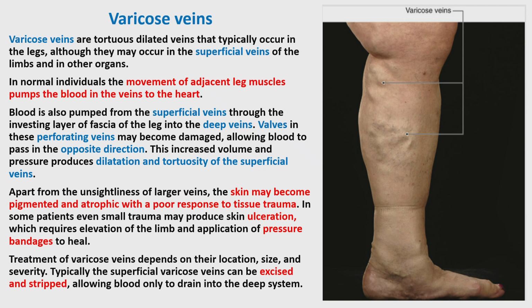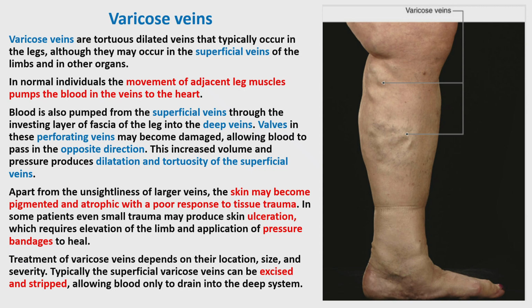If the valve is not working well, the blood will reflux back from the deeper layer to the superficial vein, because as you know, the superficial and deep veins, especially in the lower limb and upper limb, are interconnected, and they are connected by the perforating veins. In this region we have some valves that direct the blood from the superficial to the deep vein.